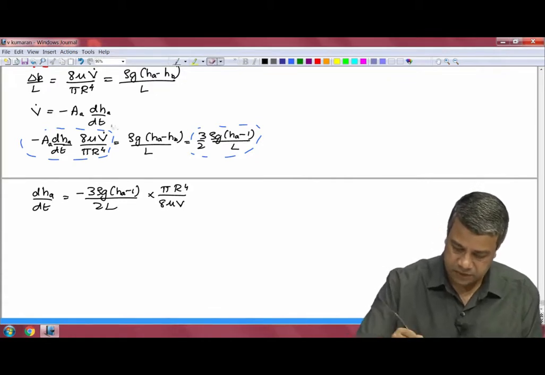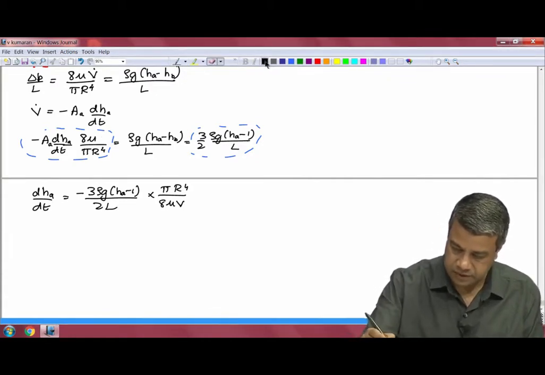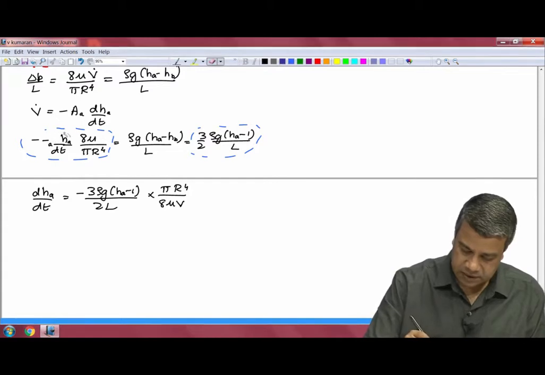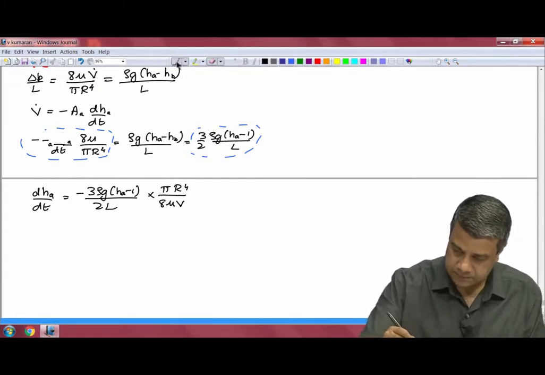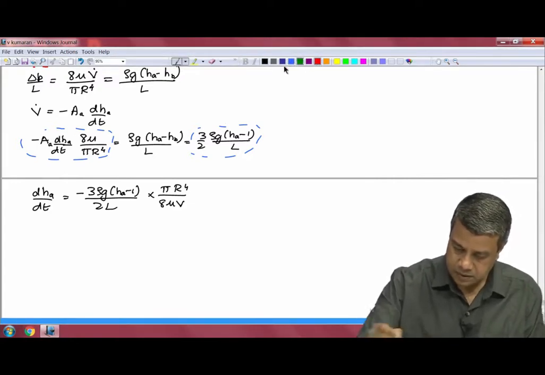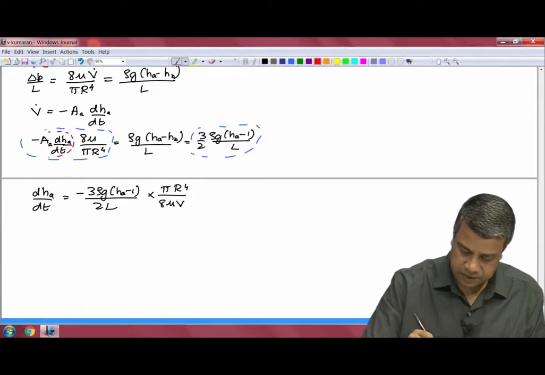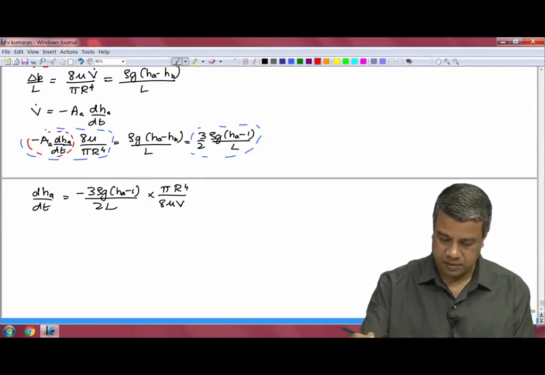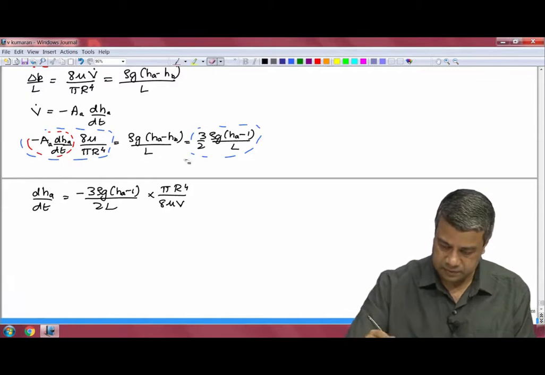I am sorry, there is no V dot here. V dot is already the volumetric flow rate, this one. This is the volumetric flow rate times 8 mu by pi r power 4. So, there is no V dot here.